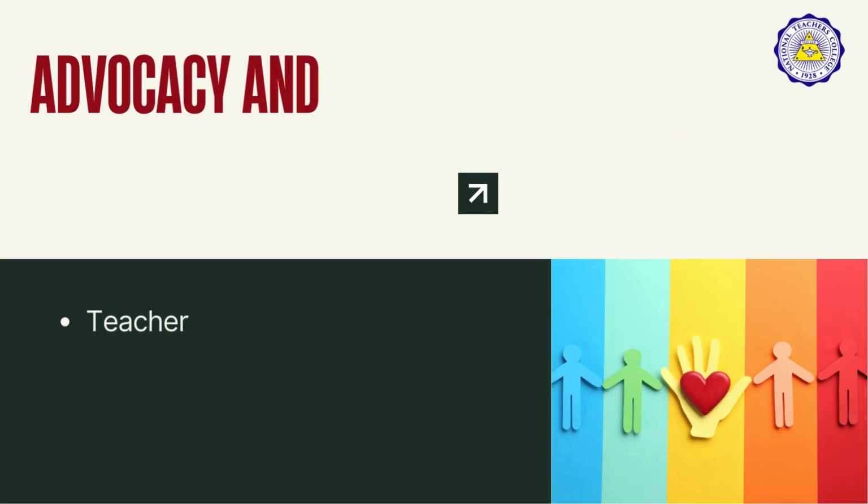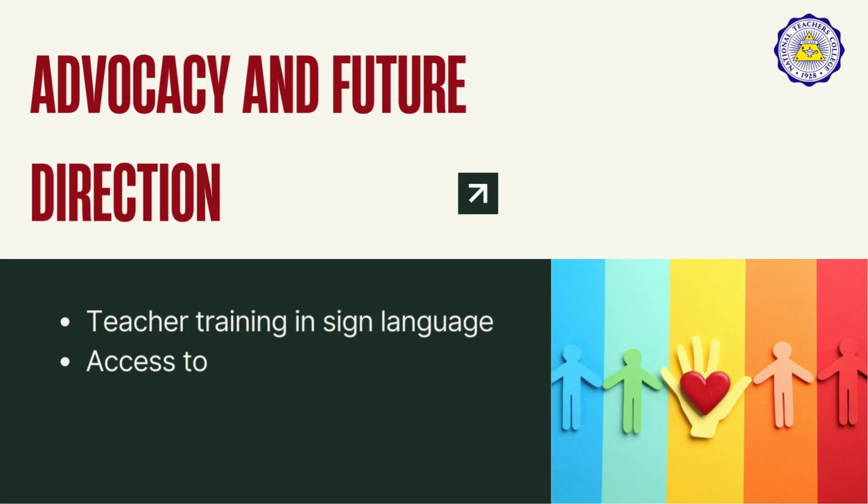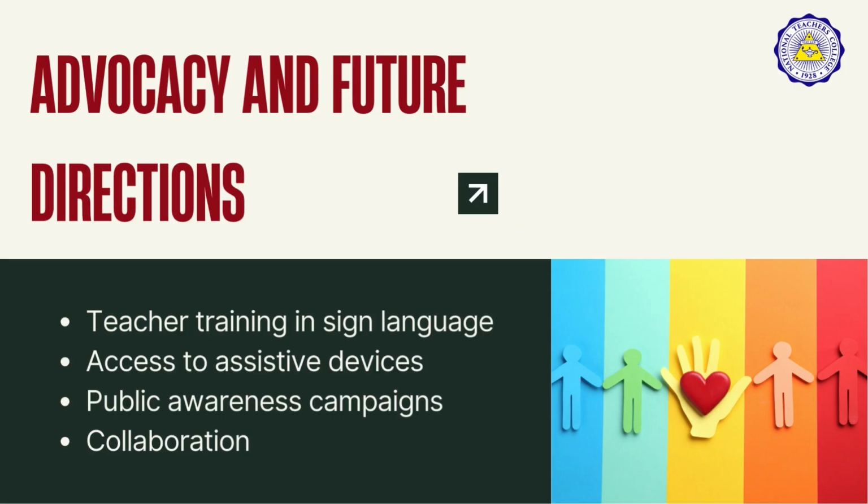As future educators, we must become advocates for inclusion. Advocacy means promoting awareness about hearing impairment and ensuring equal access to education. Schools should invest in assistive technology, sign language training, and professional collaboration.